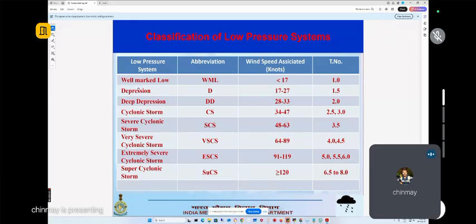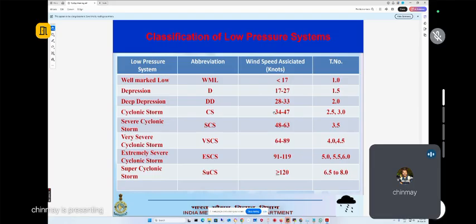Whenever a cyclonic storm is there, the associated wind speed can be between 34 to 47 knots. Unless the wind speed reaches 34 knots, it is not called a cyclone. This is what is done at the cyclone warning division.